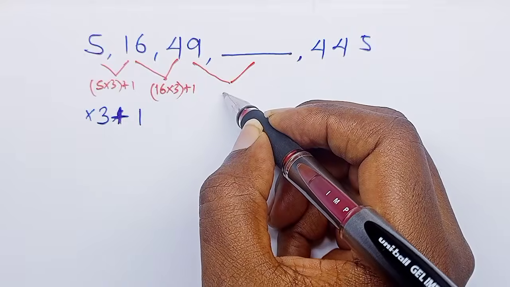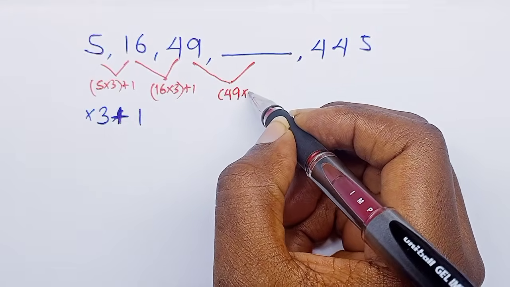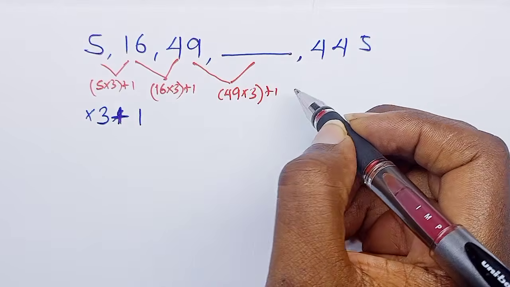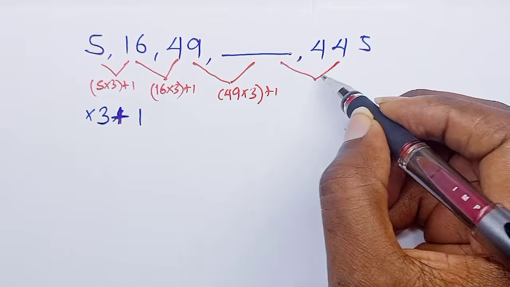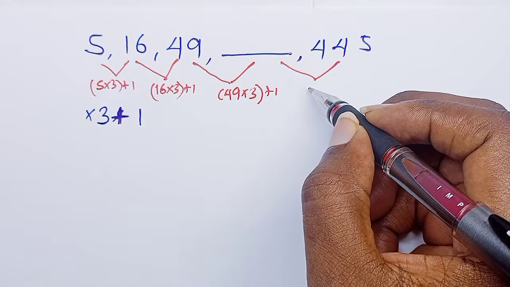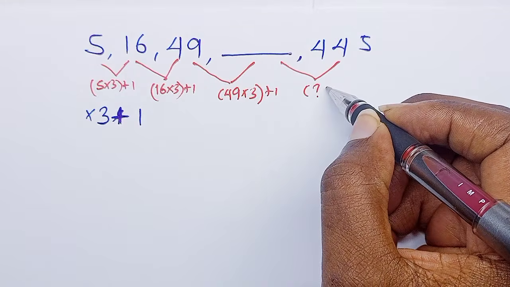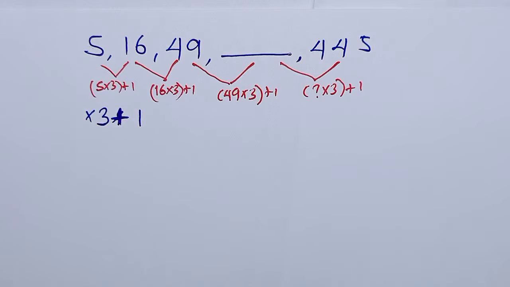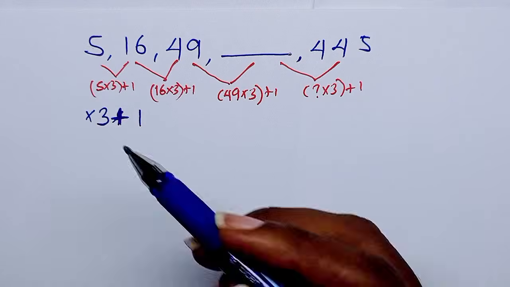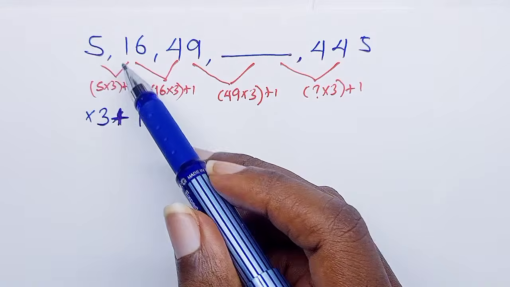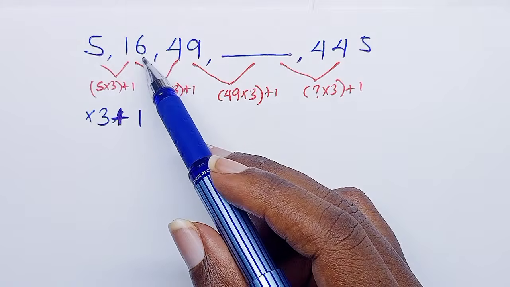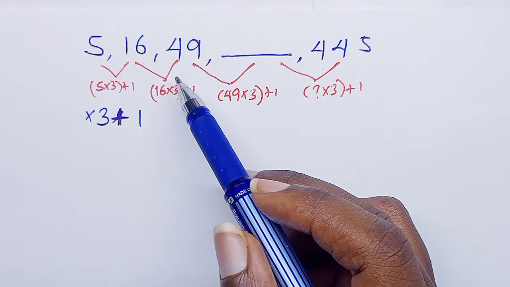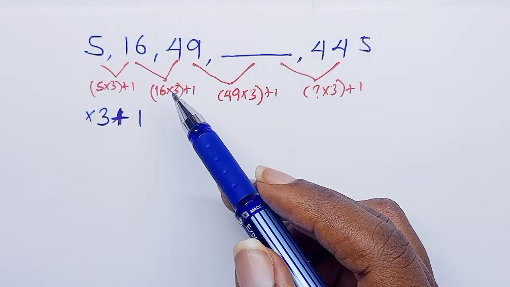Here it will be 49 times 3 and then add 1. And then here the result times 3 and then add 1. Okay? So here, when you multiply, you get this. When you multiply this and add 1, you get that.